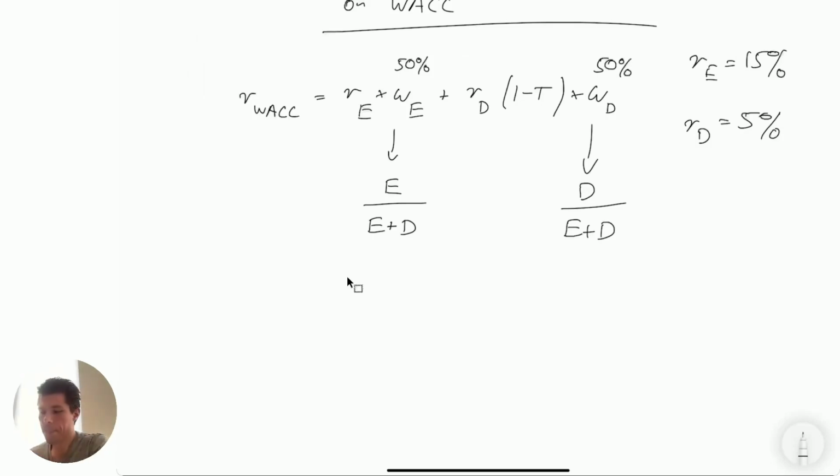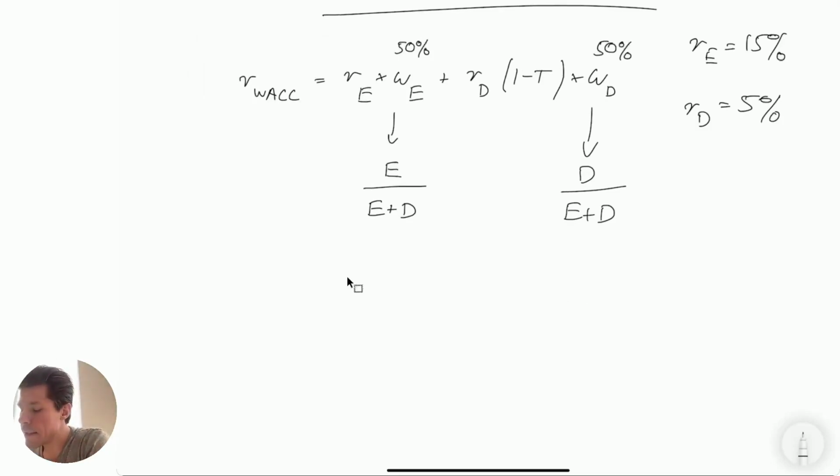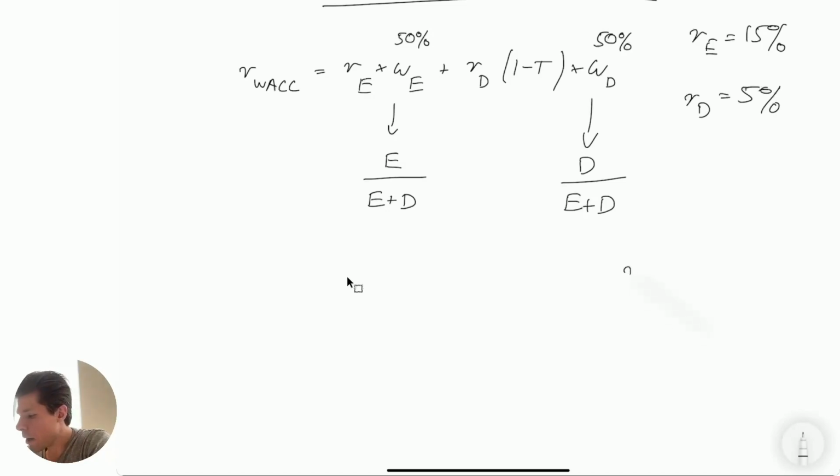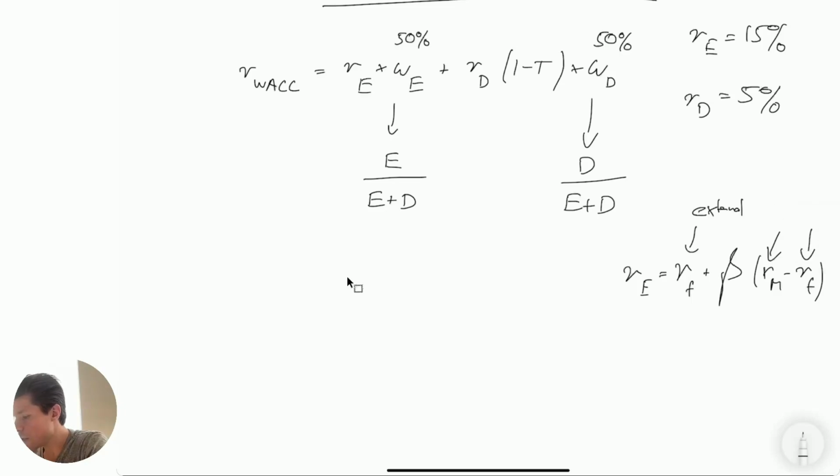This is not correct. We know RE equals risk-free plus beta times (market return minus risk-free). Those are external numbers, they have nothing to do with whether we change the capital structure, so that wouldn't affect RE.